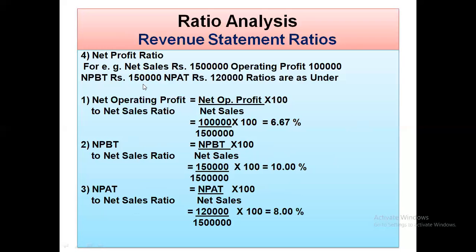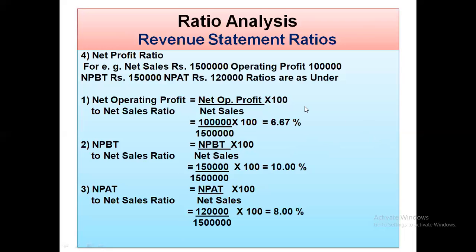If there is proper control of management over the operating activities, then naturally the profit ratio should be higher. In case of an organization, standard profit ratios are not fixed, but higher ratios are always favorable, which indicates that there is proper control over operating activities and business activities by the management.